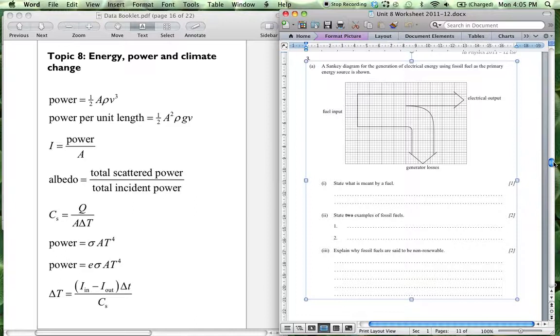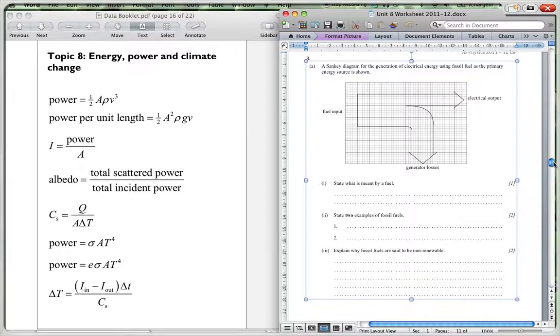So we want to use this to show the efficiency. Now if I have a look at this, this is 2.8, I would say. If this is 1 unit, that's 2 units, and that's going to 2.8.